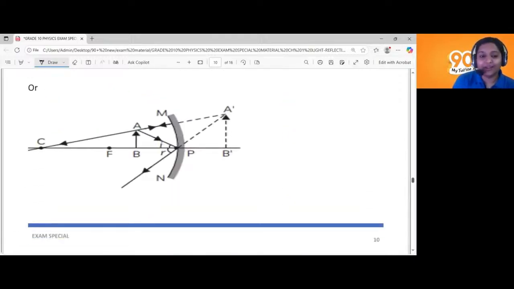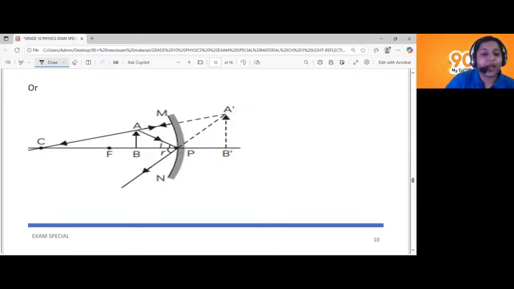Students, one more method is there to form the virtual image when you keep an object between P and F. If you know the first method, no need to study the second method, and if you know the second method, no need to study the first. In this method, the incident ray hits the pole obliquely and is reflected back obliquely.